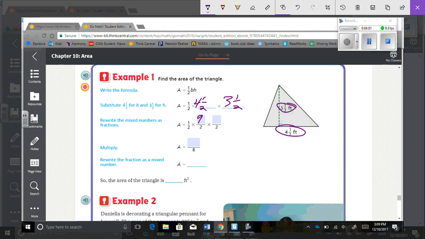We're going to do the same thing for the other fraction. So 3 times 2 is 6, plus 1 is 7. So that's 7 halves. And then we multiply across. So 1 times 9 is 9. 9 times 7 is 63. 2 times 2 is 4, times 2 is 8. So we have 63/8. Then we just have to turn that back into a mixed number.